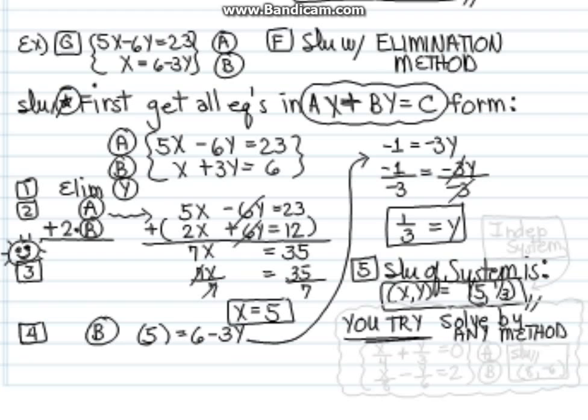The following system: x over 4 plus y over 3 equals 0. And that's equation A. The second equation is x over 8 minus y over 6 equals 2. That's our equation B.